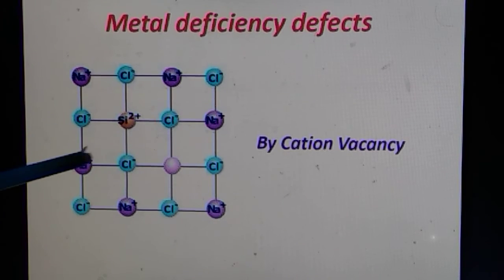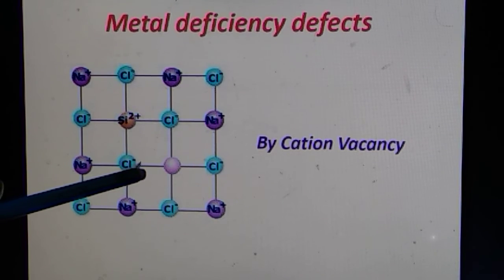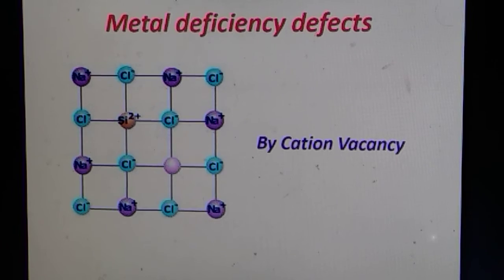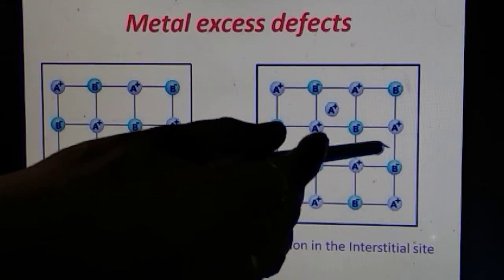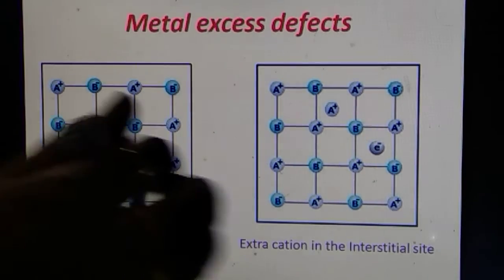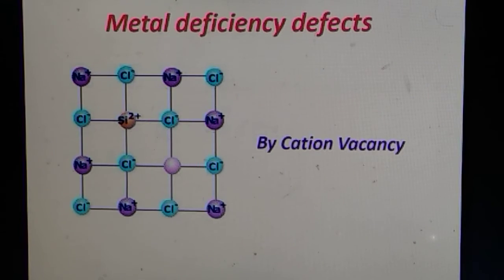Metal excess and metal deficient compounds act as semiconductors. Metal excess compound contains free electrons. You have seen that the metal excess compound has free electrons. So metal excess compound and metal deficient compound both conduct electricity.